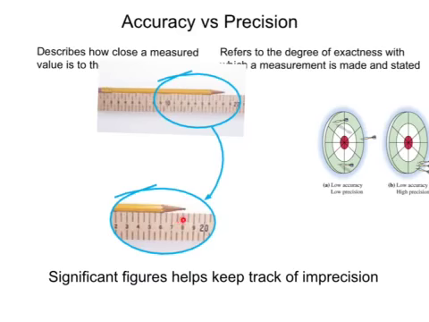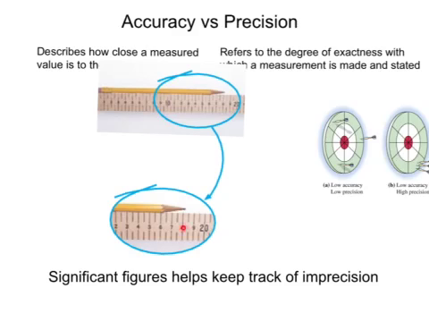Say we're measuring this pencil here and we zoom in on it. We see that the pencil is almost at 18.5 centimeters, so it's some distance in between. What we would do is report this measurement as 18 centimeters.